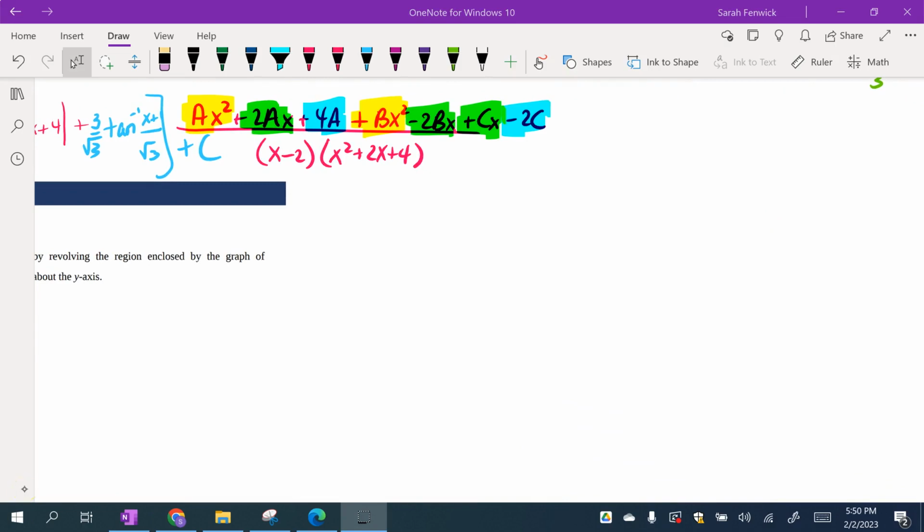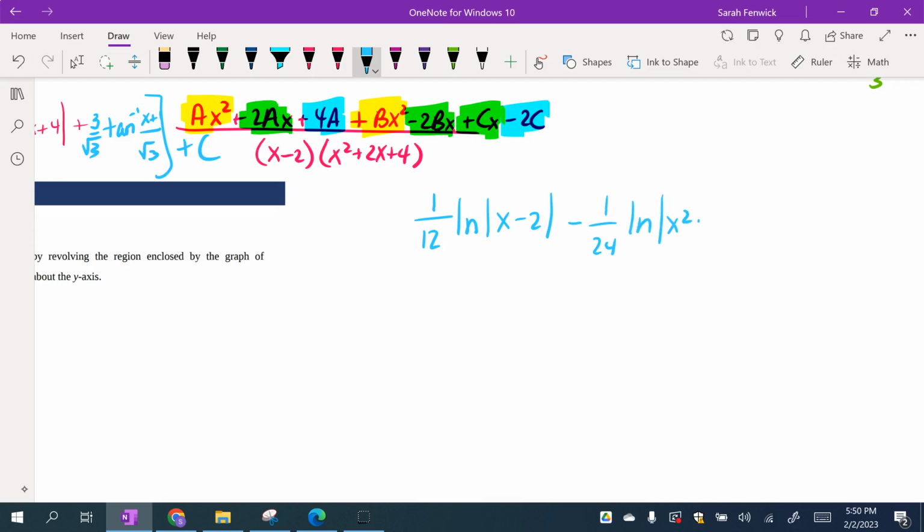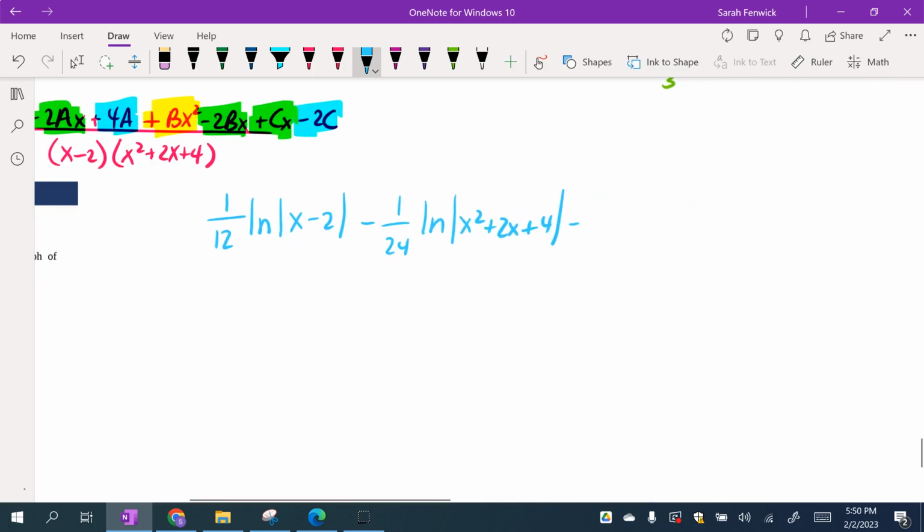Our answer ends up as 1 over 12 ln of x minus 2 minus 1 over 24 ln of x squared plus 2x plus 4 minus, when you do all your rationalizing, square root of 3 over 12 inverse tan of x plus 1 over square root 3 plus c. Final answer.